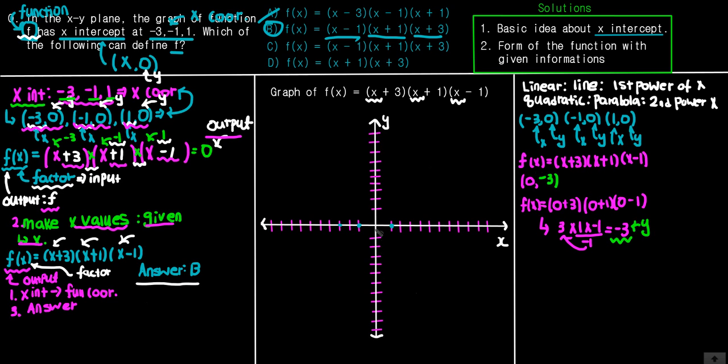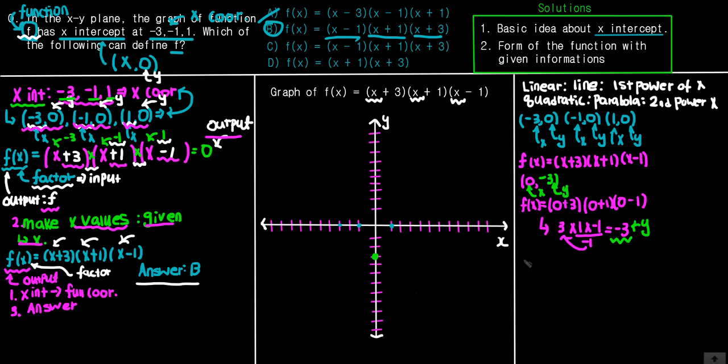So it is 1, 2, 3 down on the y-axis, the y-intercept. The y-intercept means the point where the x value is equal to 0.